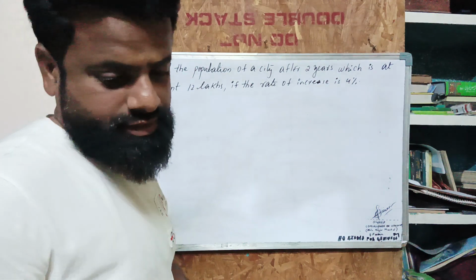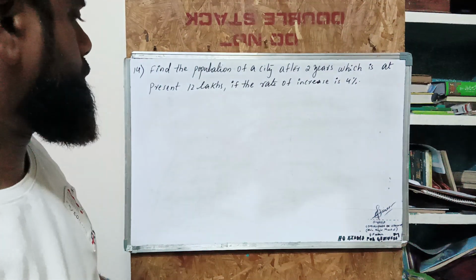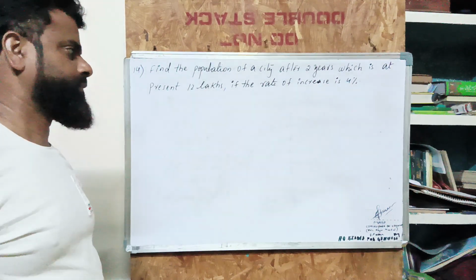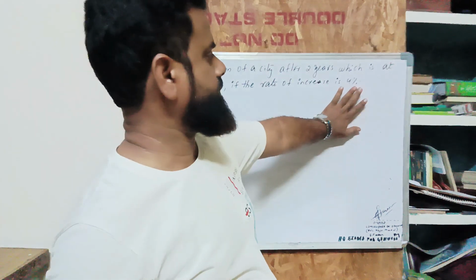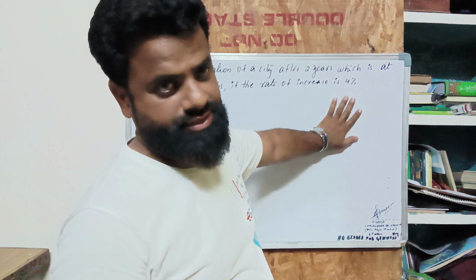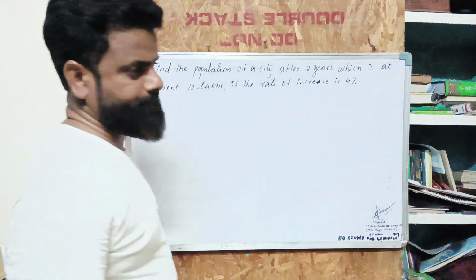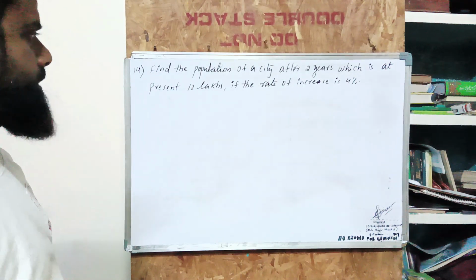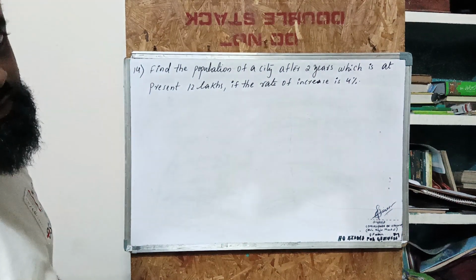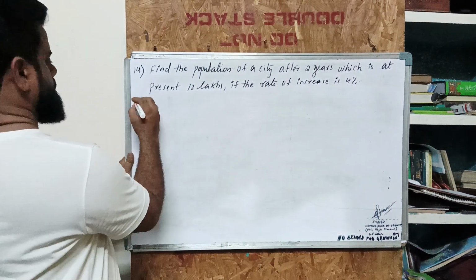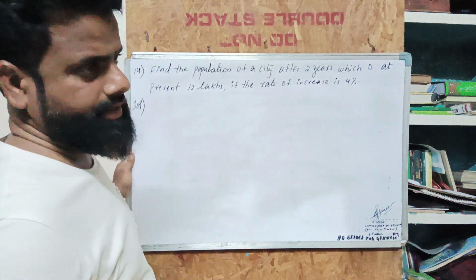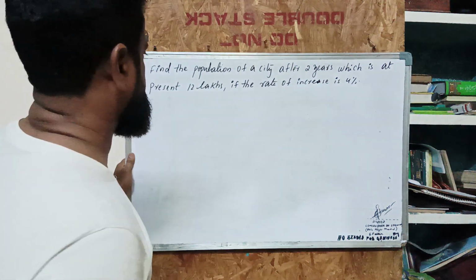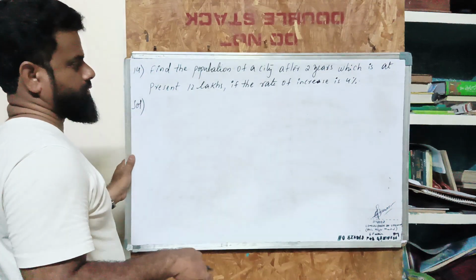Obviously, if it is a city and after 2 years, definitely there will be an increase in population, and that increase he has given in percentage. So we have to find exactly what population it would be. So let's do this with the compound interest formula.